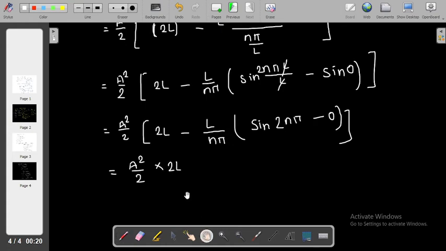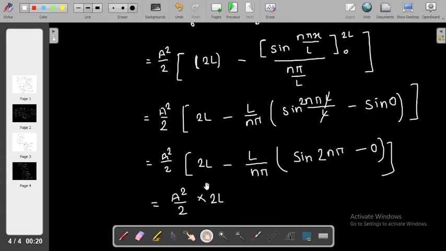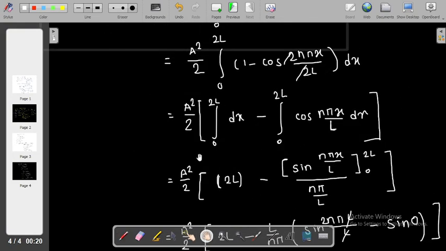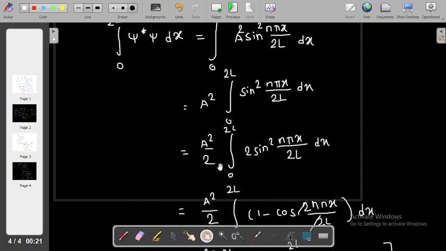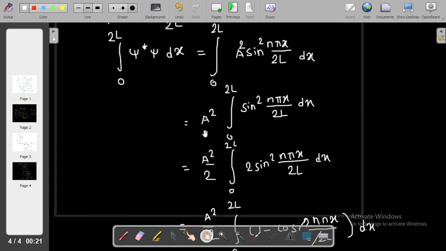Okay, so what we are doing here is getting the normalization constant. We begin the process by this one, and we know that the condition for normalization is that the integral of psi star psi d tau or dx will be 1.